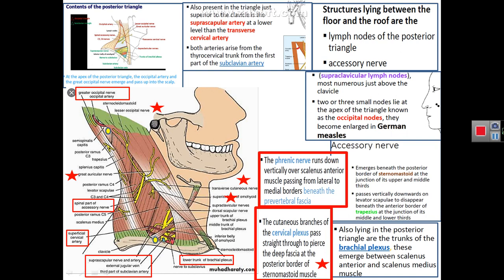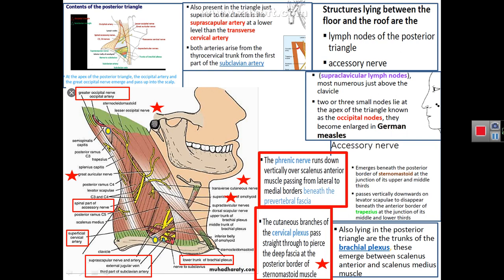But the proximal parts of them in the posterior triangle, before perforating the investing fascia and then running in the superficial fascia, are also considered as content of the posterior triangle.